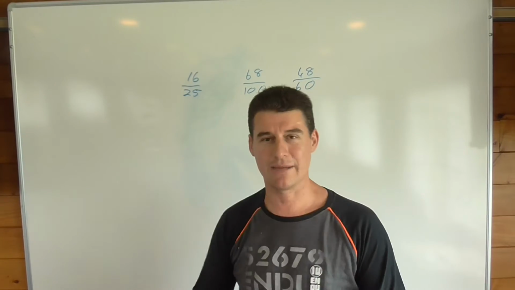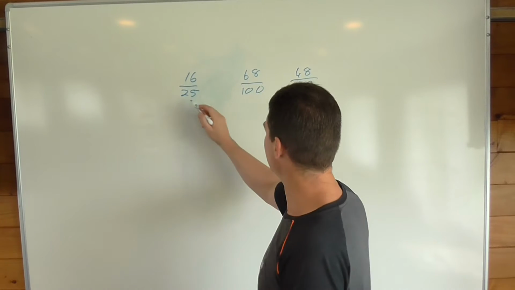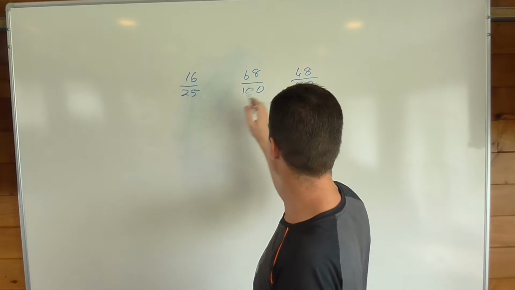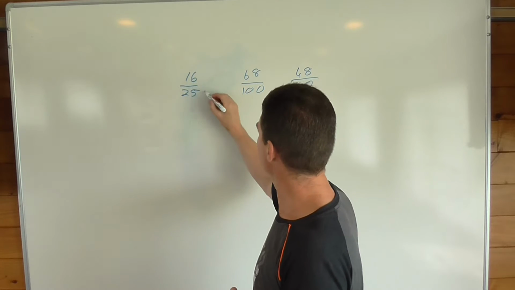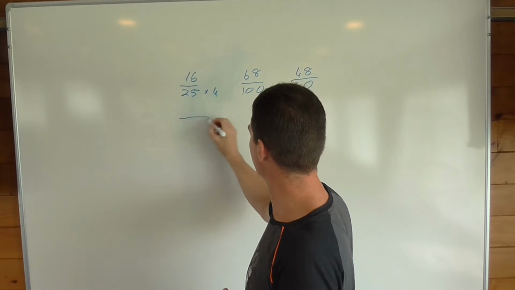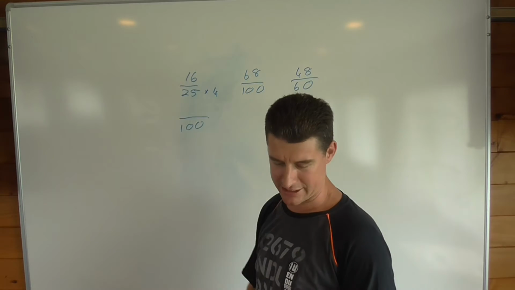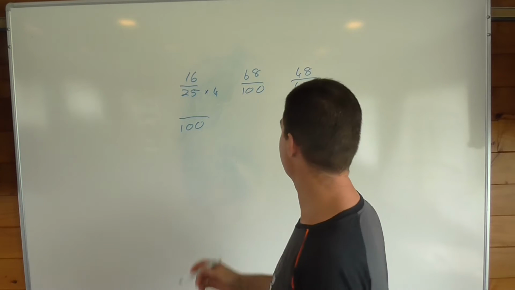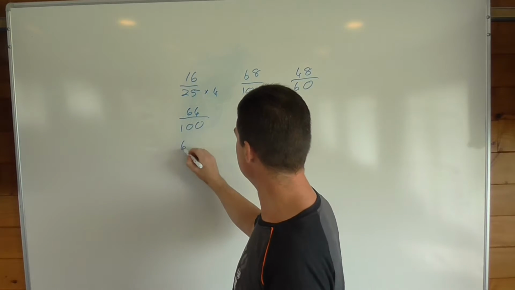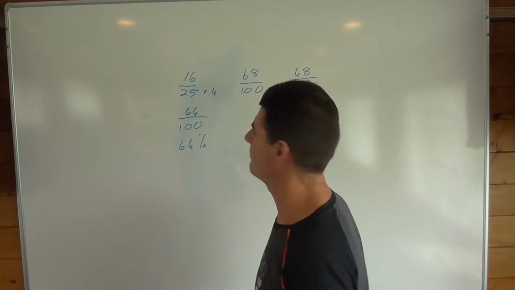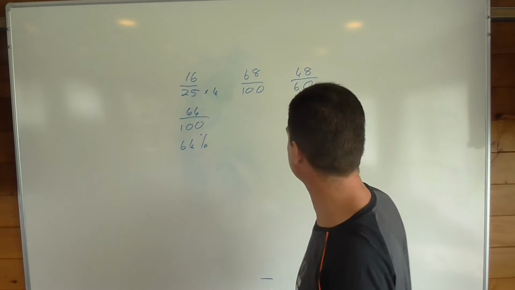A percent means something out of 100. So in other words, you need to get these amounts out of 100. If you've got a 25, if you multiply 25 by 4, that is 100. So 16 times 4 is 64 out of 100. So in other words, he scored 64% for that specific test.